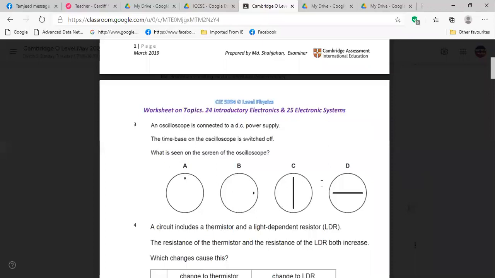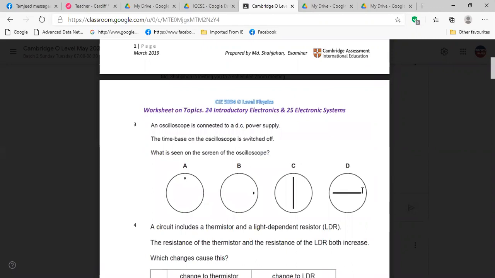And here voltage is 0, time base is on. This one, D. Voltage is 0, but time base is on. Are you labeling all?